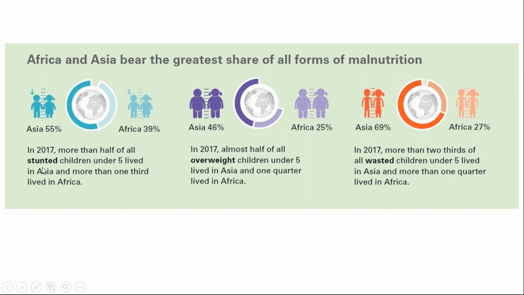And 46% of the overweight children also lived in Asia. And they showed that two-thirds of all wasted children under 5 lived in Asia. So we are the capital for malnutrition: stunted growth, overnutrition, as well as undernutrition and wasting.